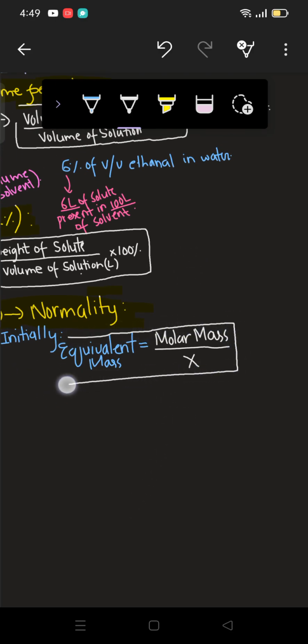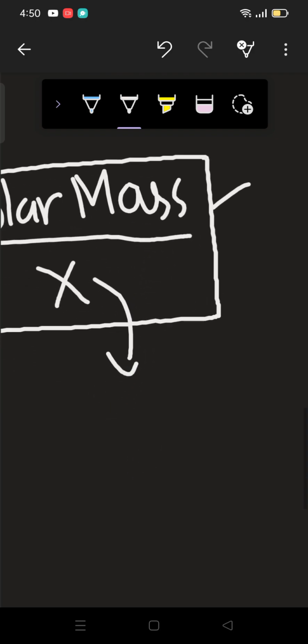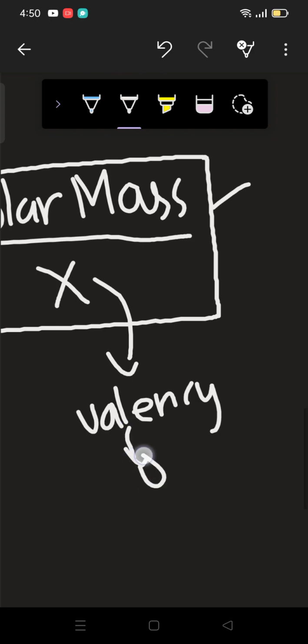This is the formula for finding the equivalent mass of anything. You can find the equivalent mass of NaOH, of H2SO4, of NaCl, of anything. For any substance, you take the molar mass of it and divide by x. X is the valency factor here.